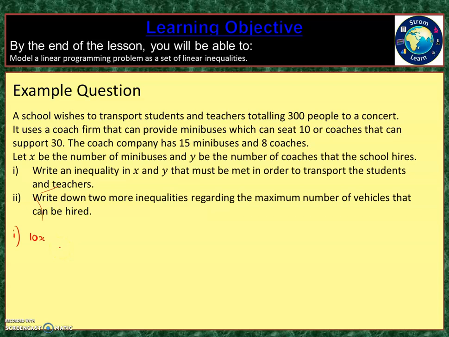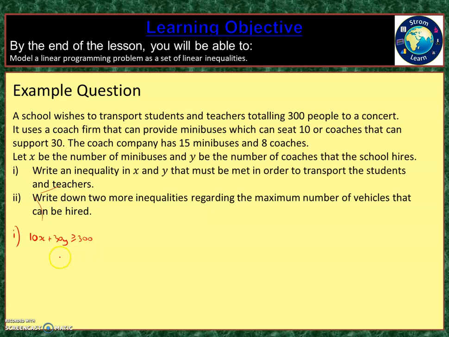And if 30 can go in a coach and there are y coaches, then 30y is the number of people transported in that form. So 10x plus 30y represents the total number of people that can be transported. And because there are 300 people that need to go, this must be greater than or equal to 300. Otherwise, some people are not going.